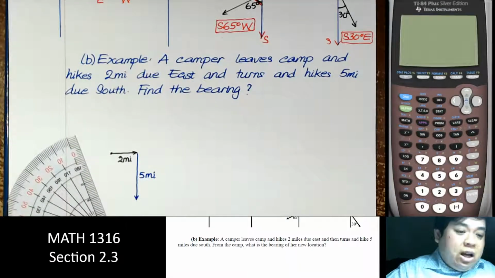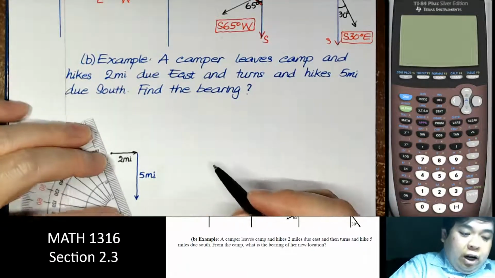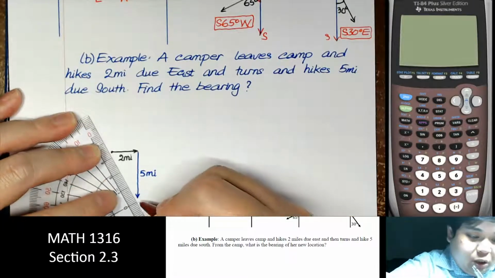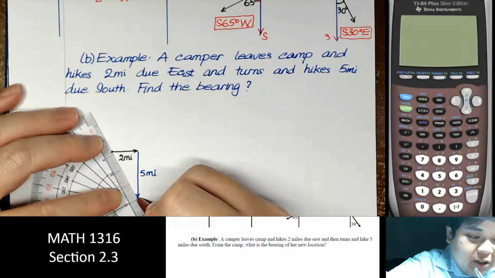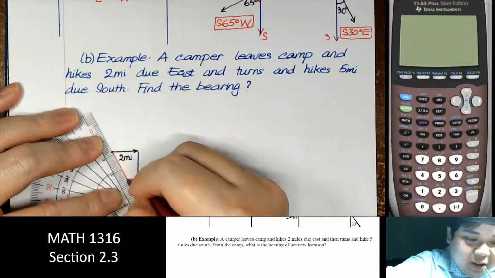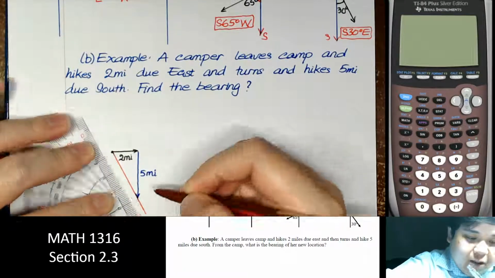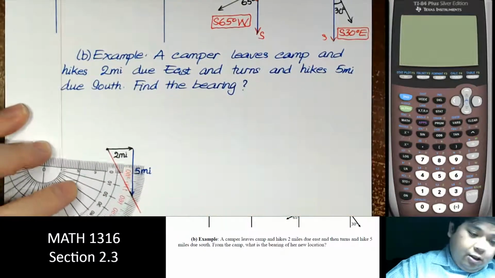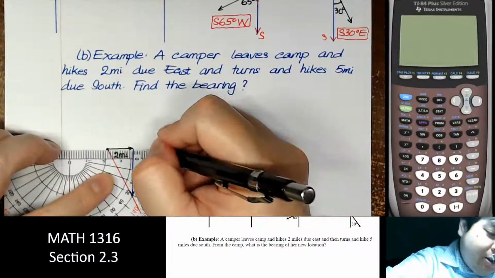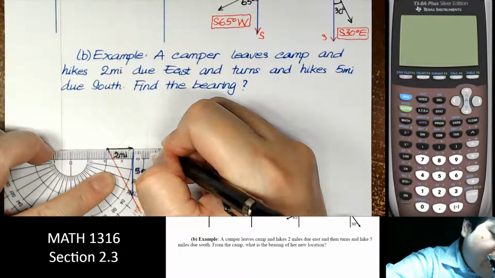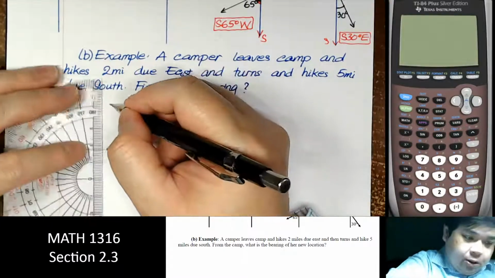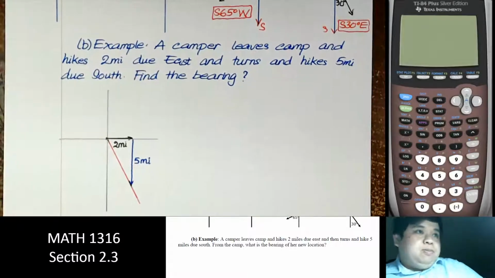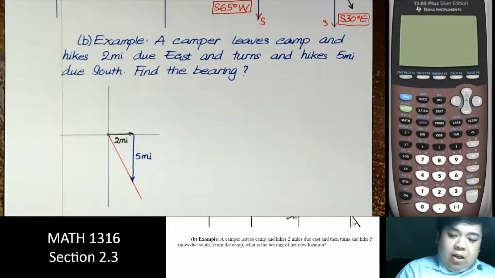Now with that, the question is find the bearing. When a question is like that, it means the bearing from the original to the final. So we're going to draw like that, right?